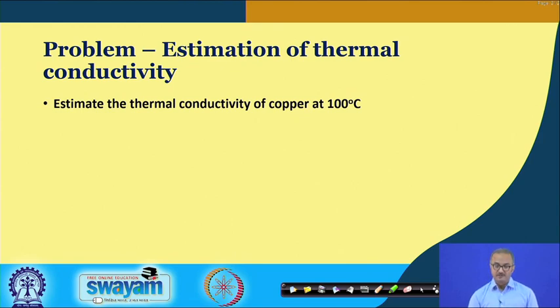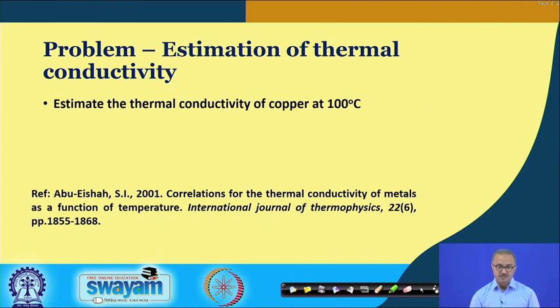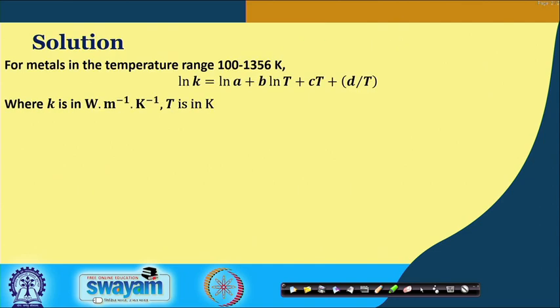So, first we shall see how this correlation is giving the value, and here is one reference we have taken to obtain the correlation for thermal conductivity. This is the correlation, and you can see that it is not particularly polynomial, but it has some logarithmic term in it.